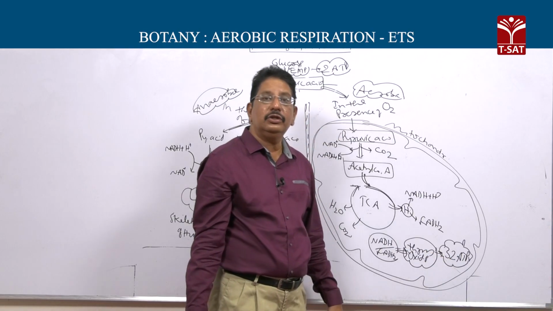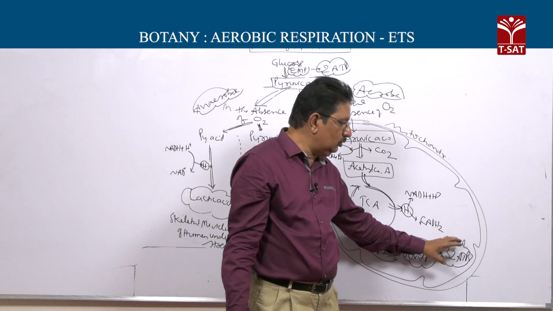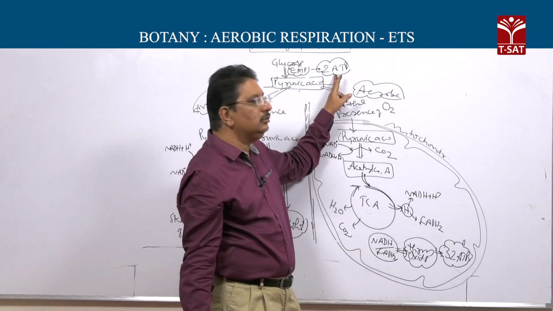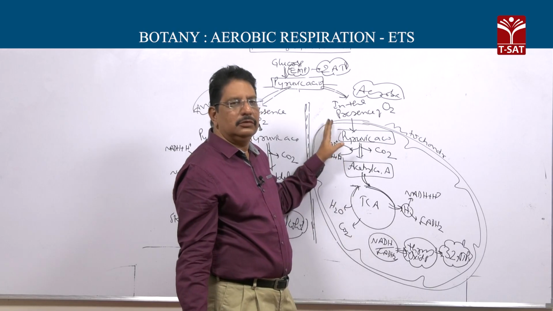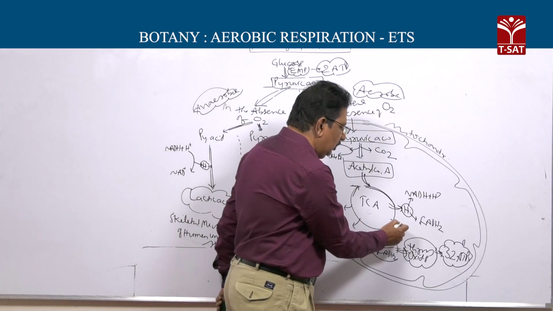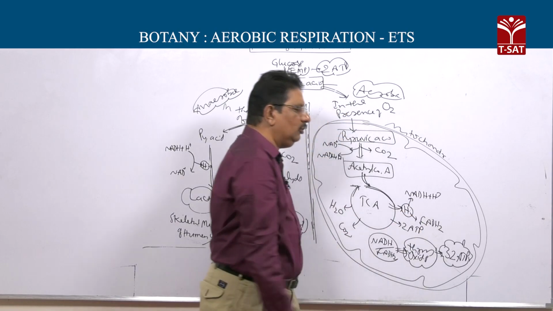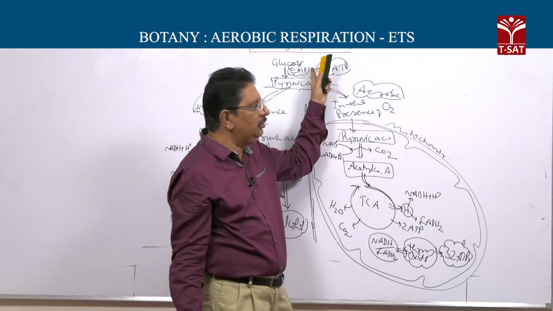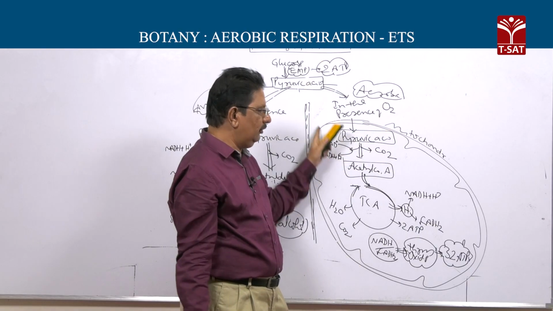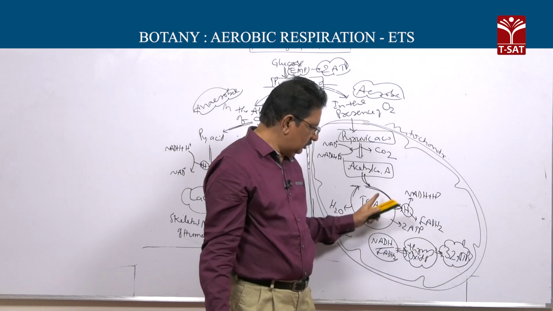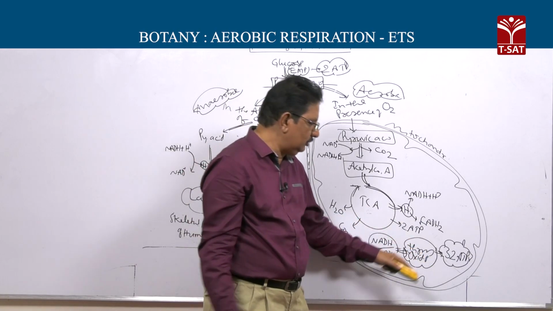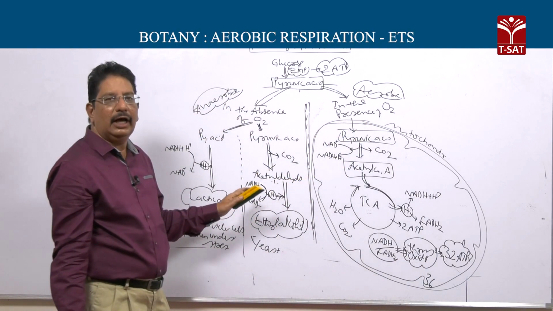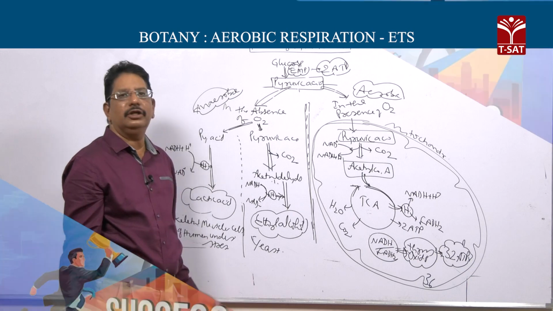So, 32 ATP are generated in mitochondria, 2 ATP are generated in glycolysis, and 2 more ATP are generated in mitochondria through the TCA cycle. So, altogether from one glucose molecule, if oxygen is there, the pyruvic acid is finally decarboxylated and oxidized, and yields 36 ATP. So, the fate of pyruvic acid depends on the availability of oxygen.